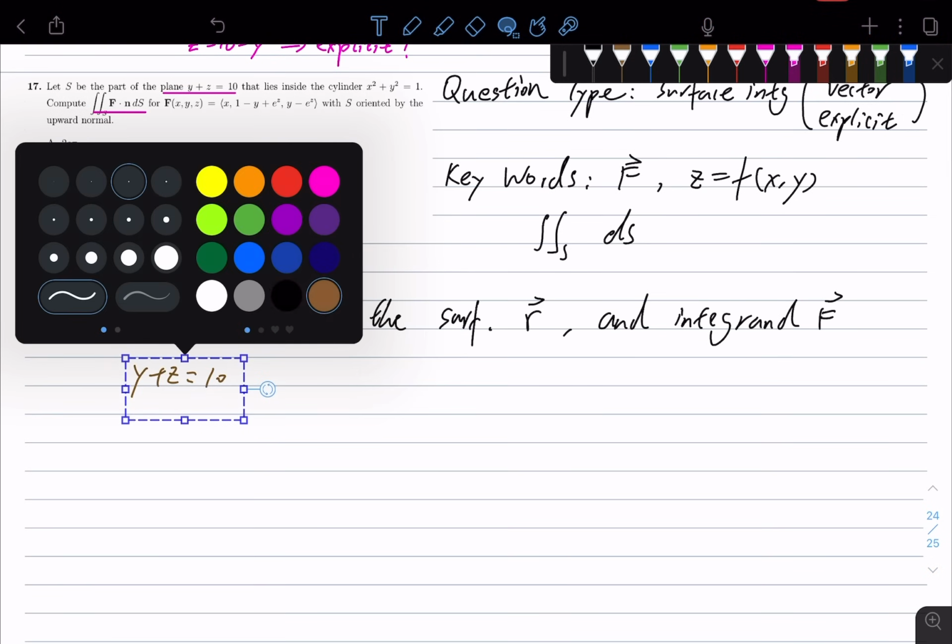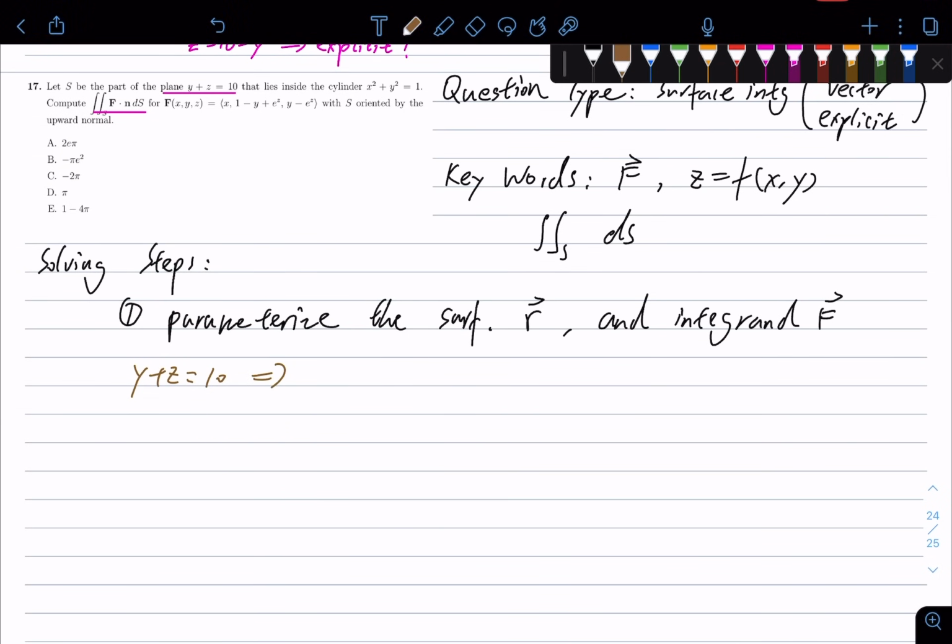This becomes z equals 10 minus y. This is a fairly straightforward way of parameterizing. There's nothing fancy going on. We can just let r of u and v, or x and y. I'm going to make my life a little bit easier and just call it x and y in here.